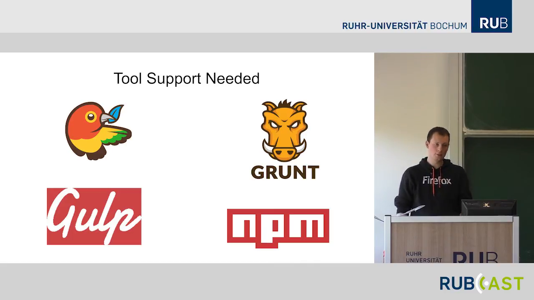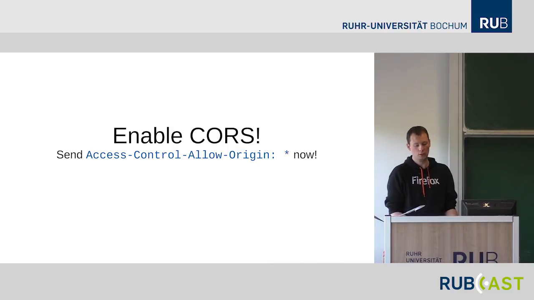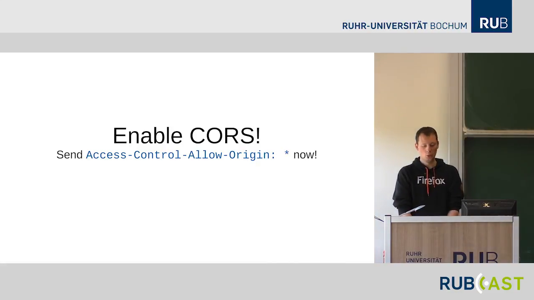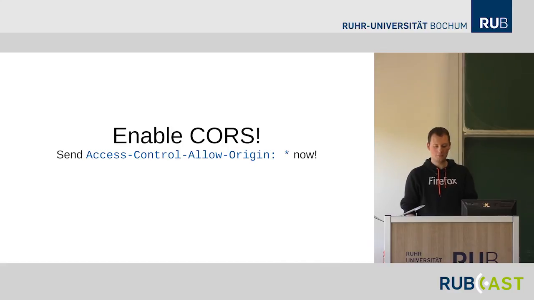And another thing that is yet to be done is people have to enable CORS, right? Otherwise, sub-resource integrity will not be usable. So for any meaningful adoption of sub-resource integrity, we need content delivery networks to enable CORS. Fortunately, a lot of content delivery networks already do this. Unfortunately, the one I've been having in my slides does not, yet.